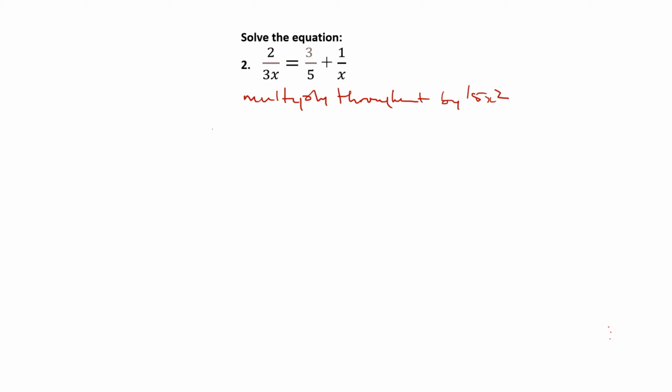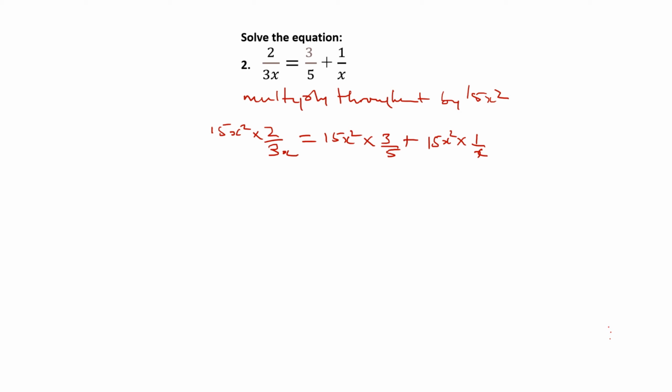So we're going to have 15x squared multiplied by 2 over 3x, is equal to 15x squared multiplied by 3 over 5, plus again 15x squared multiplied by 1 over x.